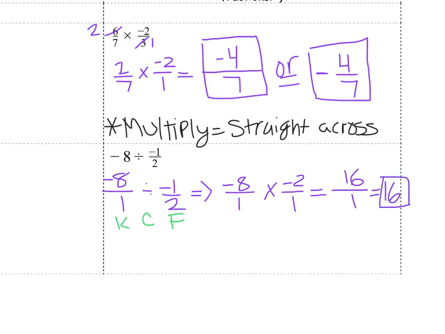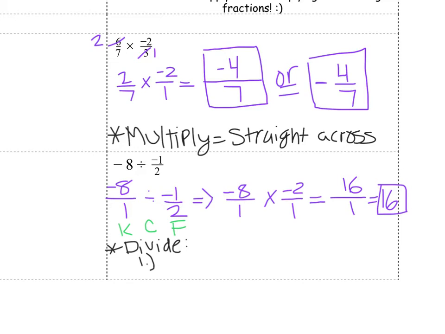So I'm just going to write a little bit of a step for that one, like I did with the multiplying. So I'm going to write divide. So first, we make sure we have improper fractions.